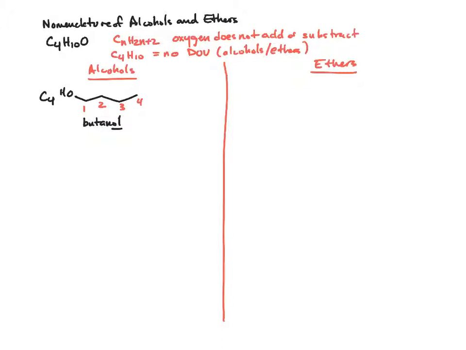So we can also do another C4 chain where the OH group is now going to go at position 2. And so now we have to specify the location of that alcohol. So this is going to be 2-butanol.